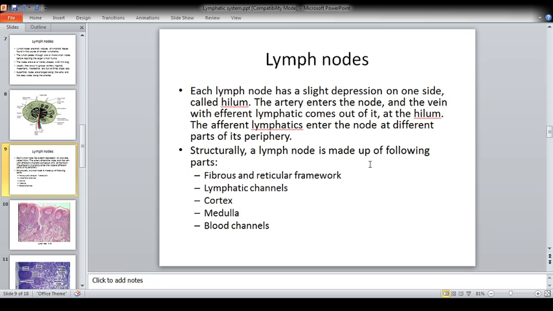Okay, so through the blood channels, the arterial blood enters through the hilum, then it is distributed towards smaller blood channels where it is used up, and deoxygenated blood goes through the veins. Venules would then combine together to form veins and then come out. So there are blood channels which are present there.